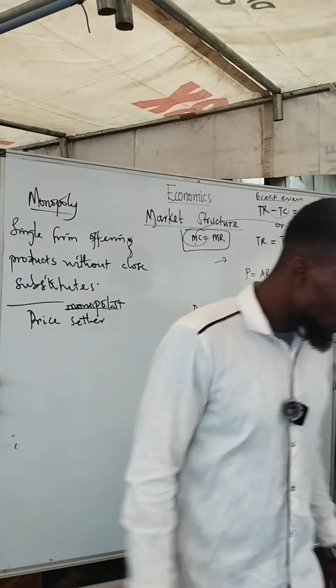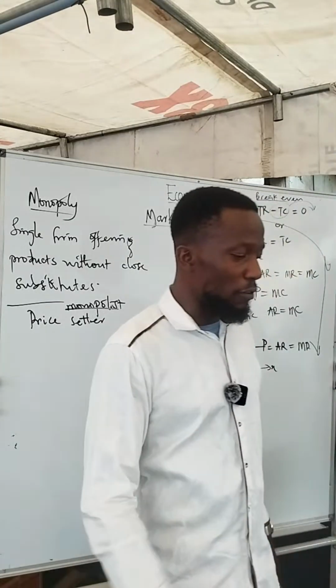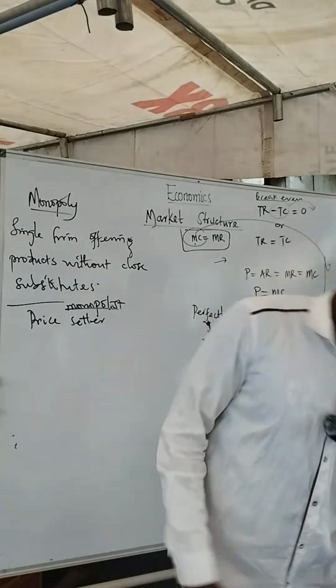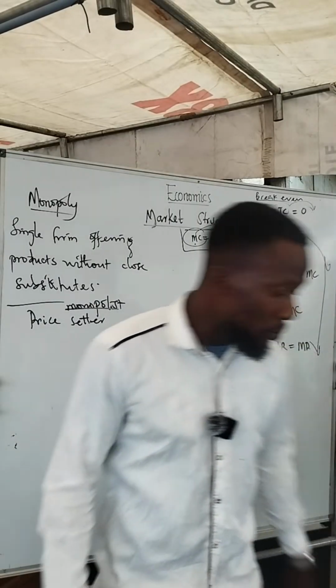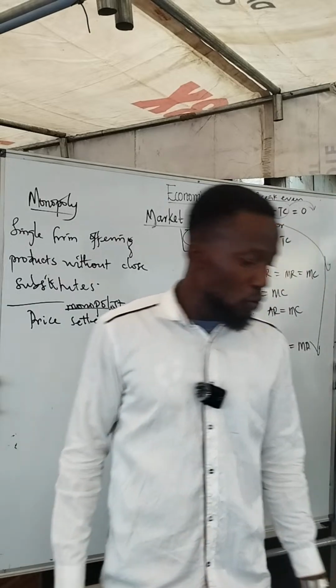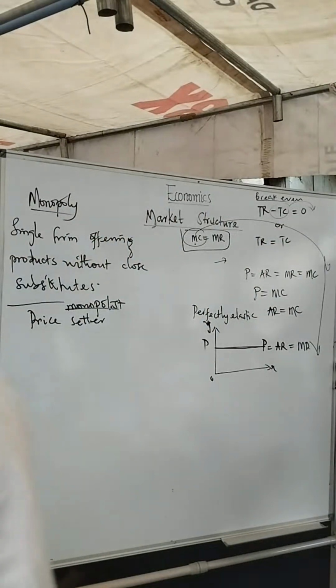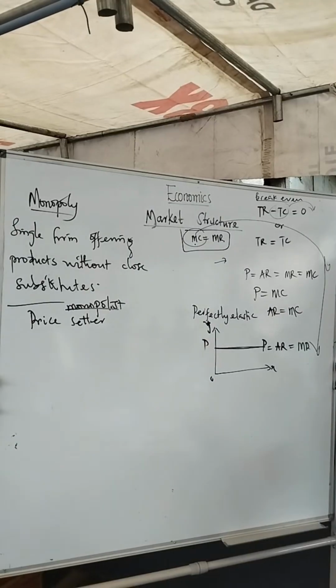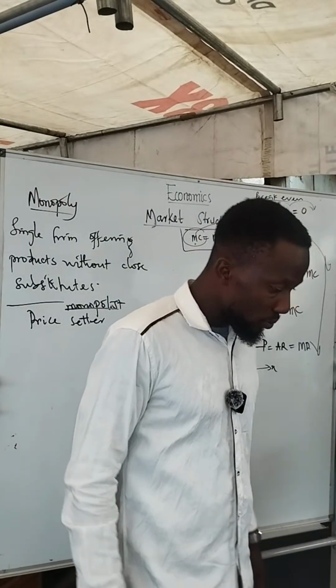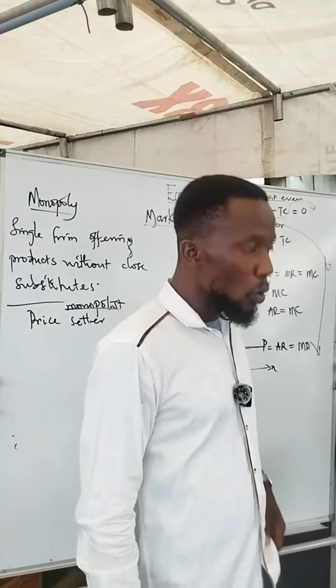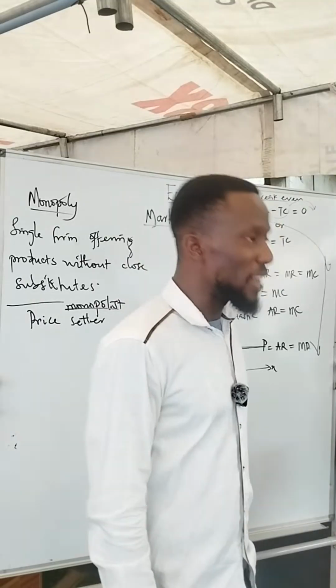So, what are the characteristics of a monopoly market? Number one, one single producer or seller. There is just a producer, just a seller. Number two, the product has no perfect substitute.